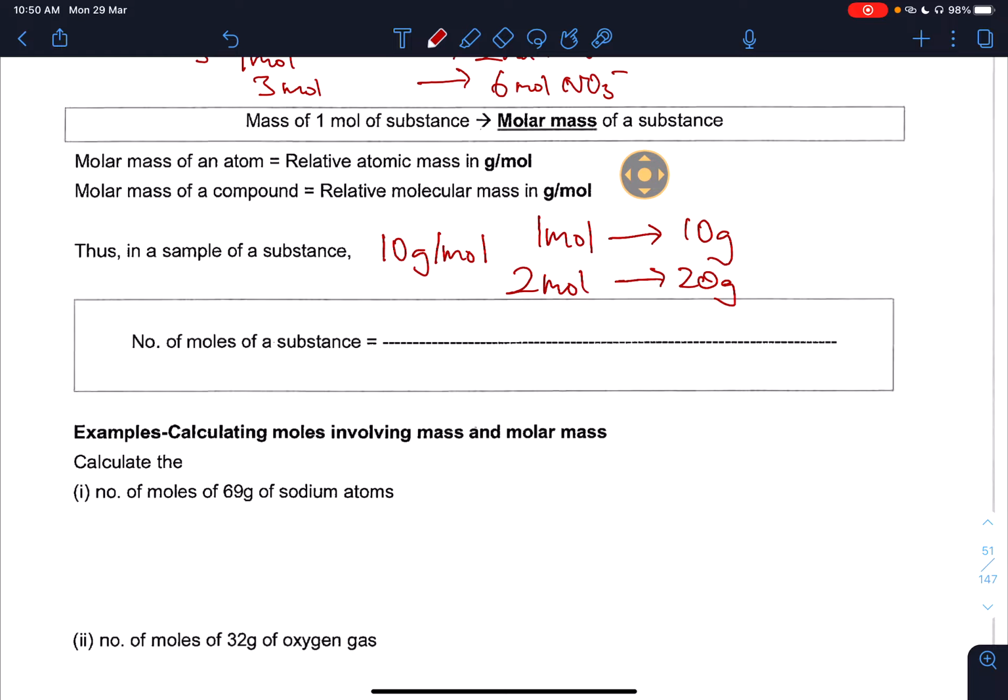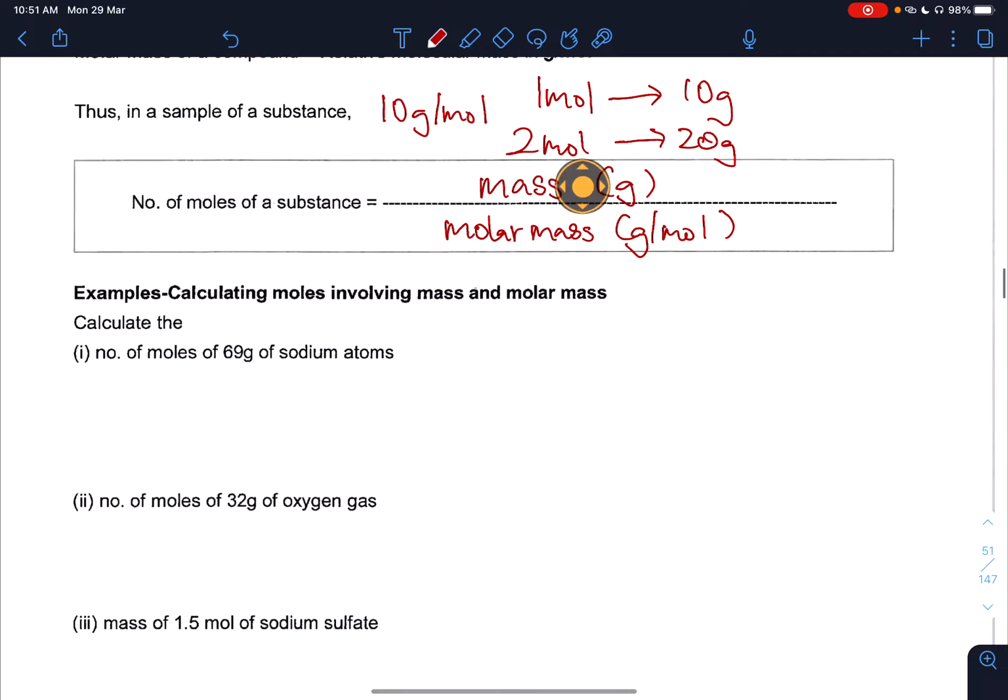If you use a formula, the number of moles of a substance is the mass of the substance in grams divided by the molar mass, which is in grams per mole. You can use this formula or you can use the ratio method. Let me show you how.